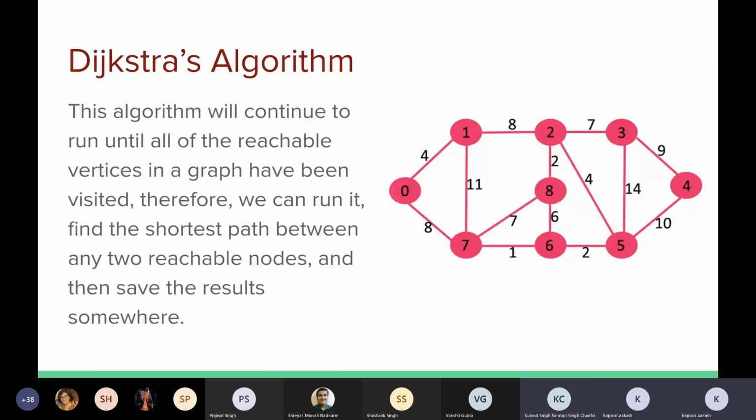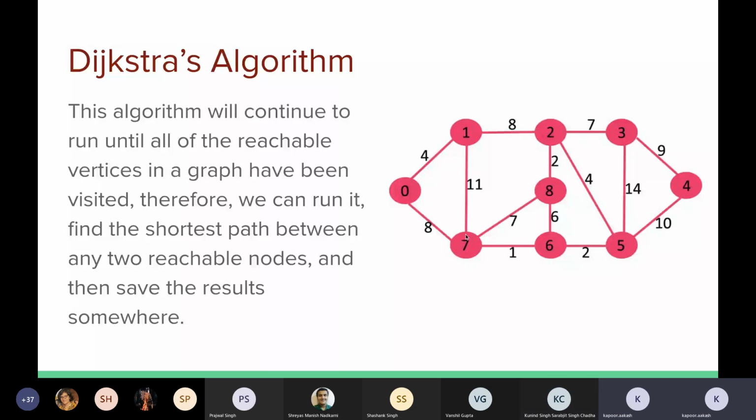So you start off with a starting node and you start populating the distance array based on all the other nodes that you can reach from there. Let's say you start off from node 7 and you want to find the distance to node 5. It has 4 neighbors, which are 1, 0, 8, and 6.